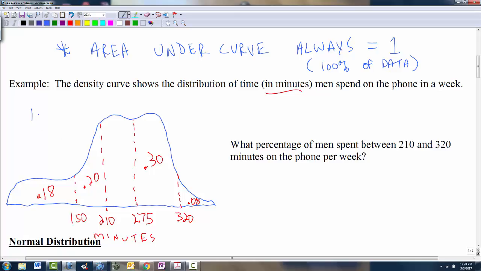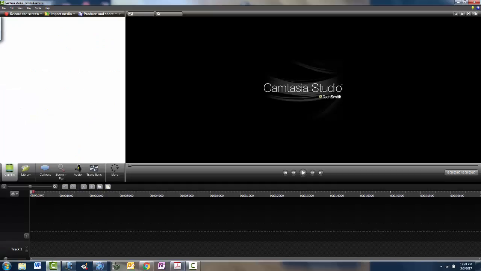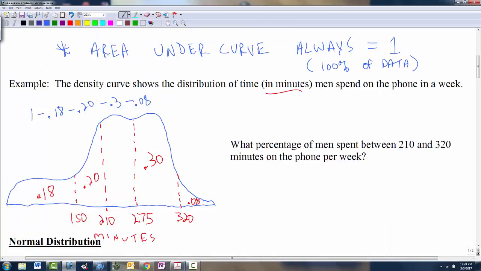So the missing value is 1 minus 0.18 minus 0.20 minus 0.3 minus 0.08. And that will get you the remaining amount. I'm out of practice. So one person out of 30 got 0.24. Did you get a second person? Hallelujah.